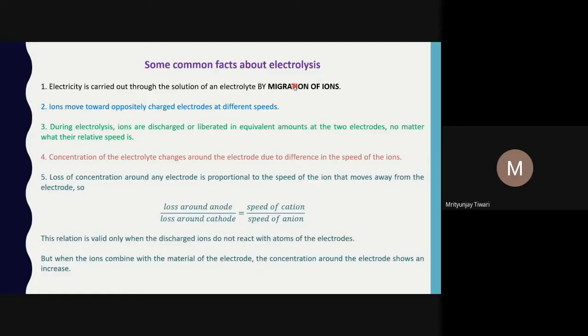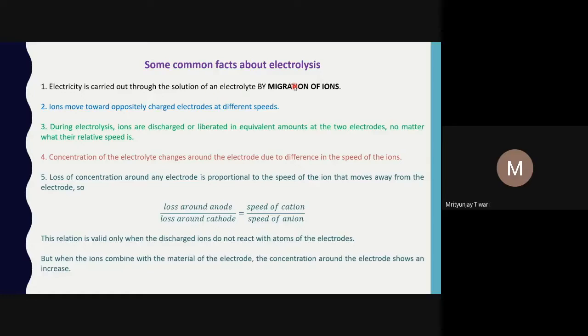The migration of ions takes place because once you add a battery to 2 different electrodes dipped into an electrolyte solution, we are creating a potential difference between the 2 electrodes. We connect the negative polarity of the battery to the cathode and the positive polarity to the anode in the electrolytic cell.